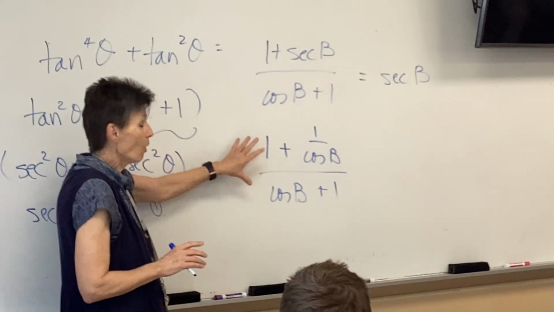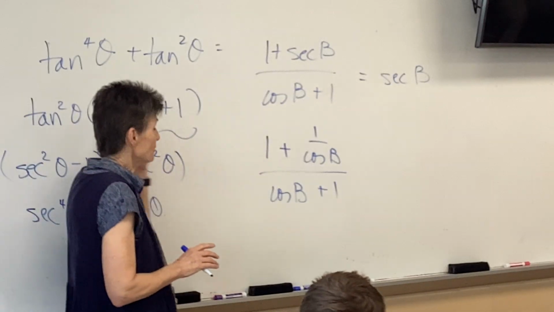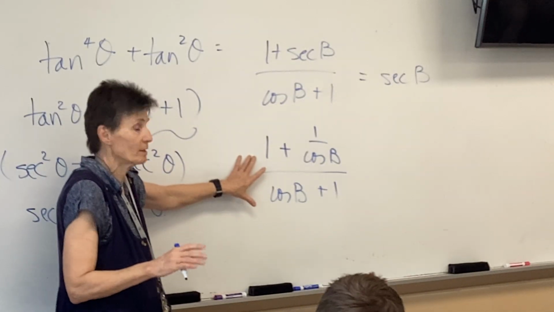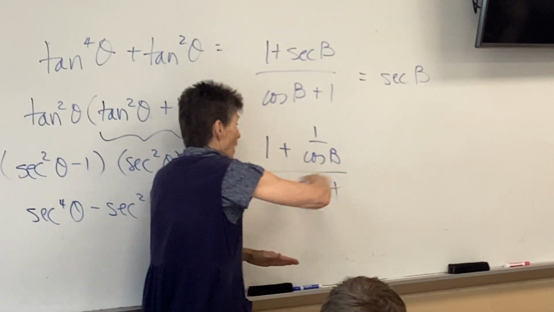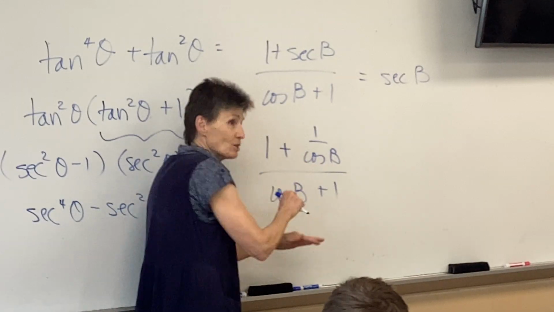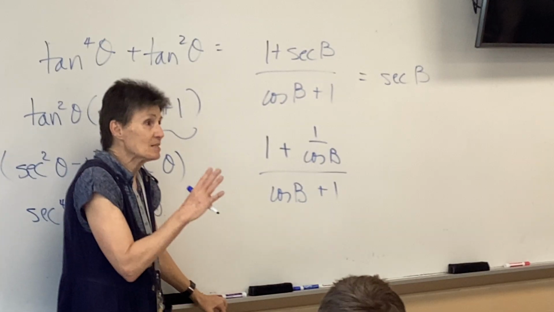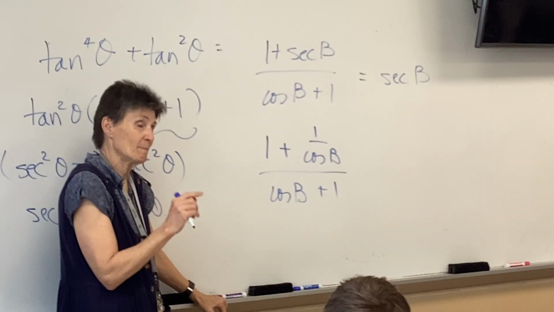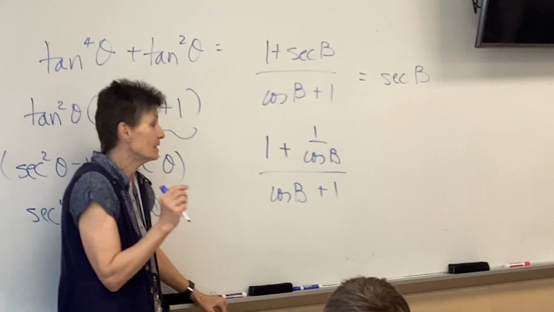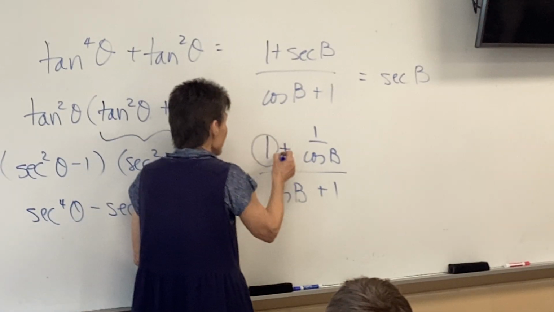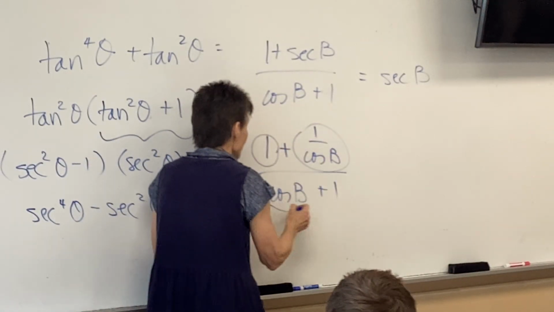Now, we've run into this before. This is called a complex fraction. It is a big fraction that has little fractions inside of it. The easiest way to tackle it, not the only way, but the easiest way, is to look at all the components of the fraction.